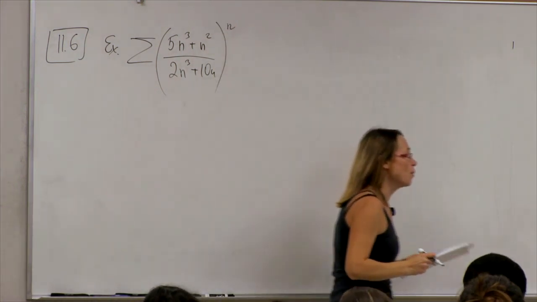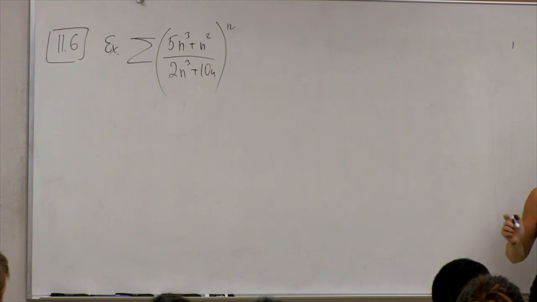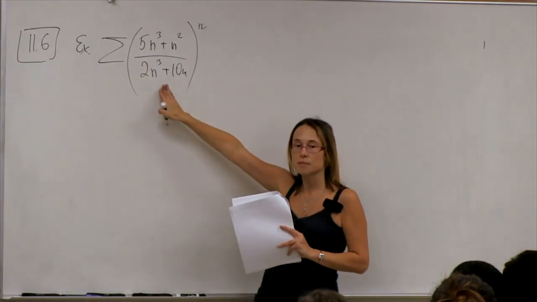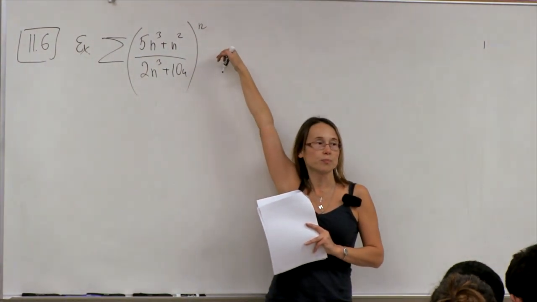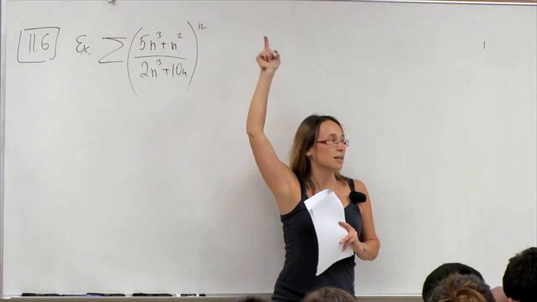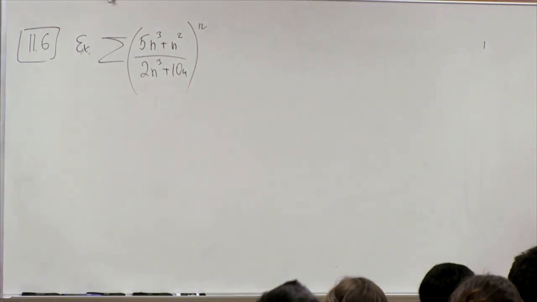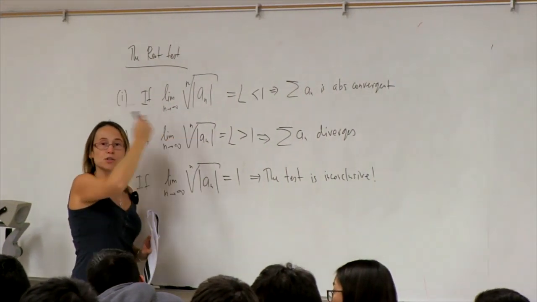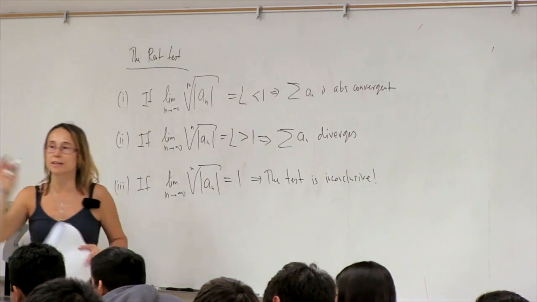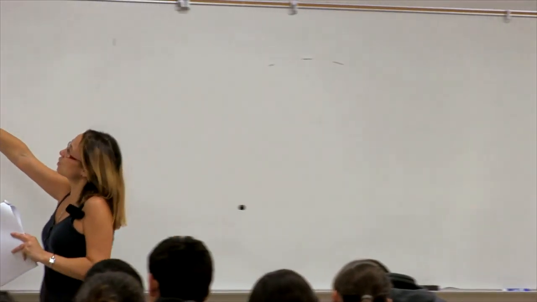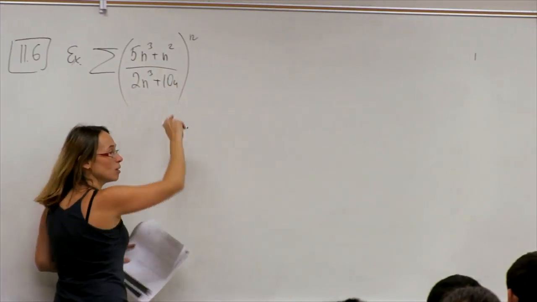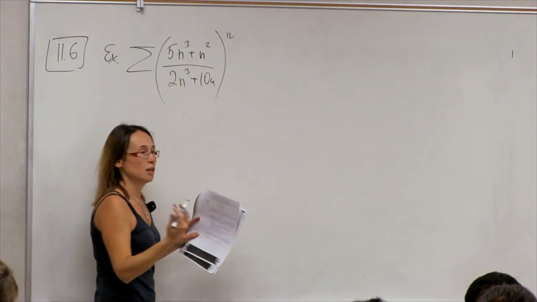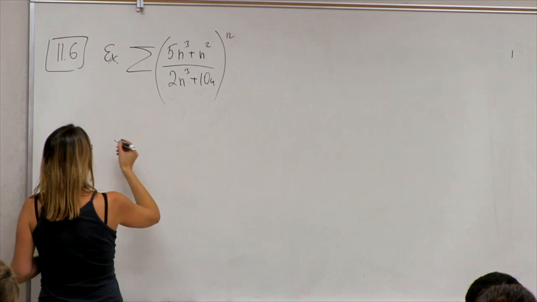It is quite common that the series has the following term: some expression to the power of n. So a_n is the power of n. This is your perfect candidate for the root test. Why? Because I will have to take a_n and extract the nth root. So the power n goes away, and it simplifies everything very much. As soon as you see the power of n of the whole expression, that's your candidate for the root test.